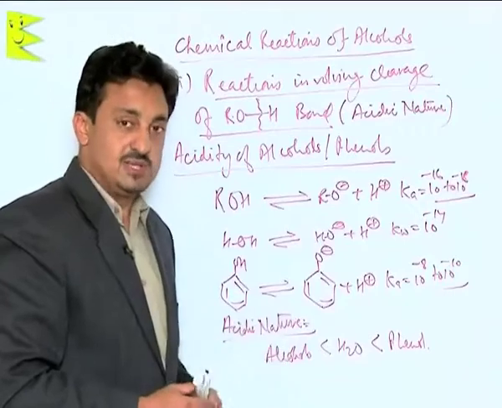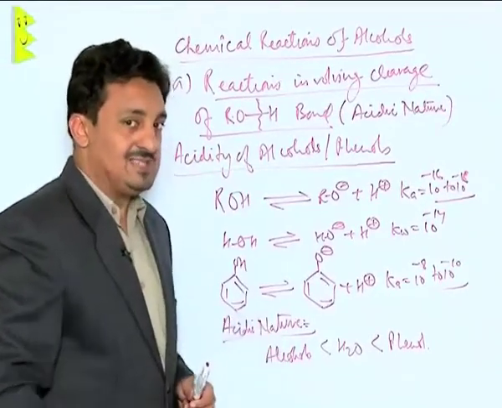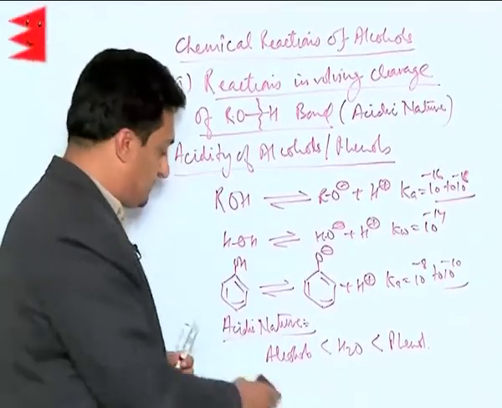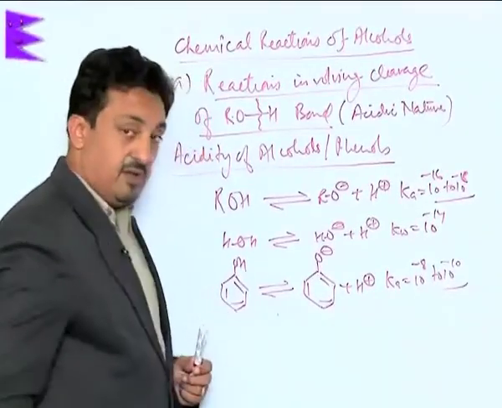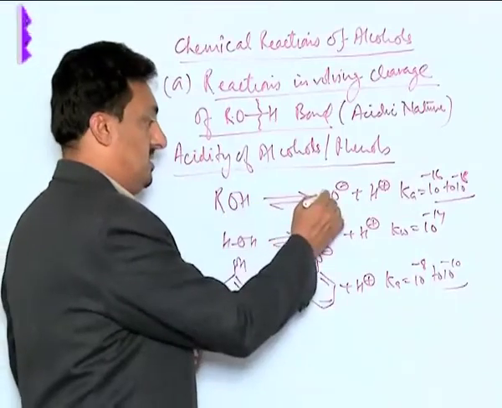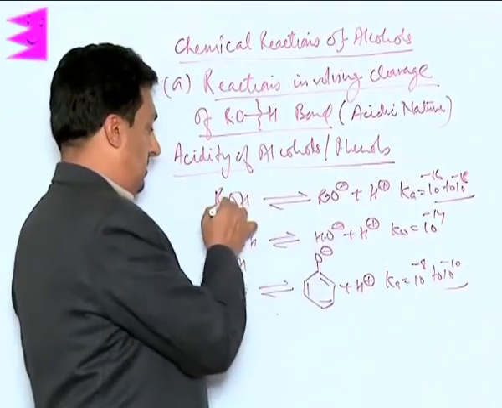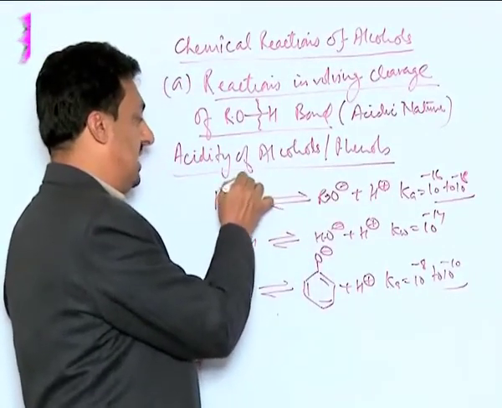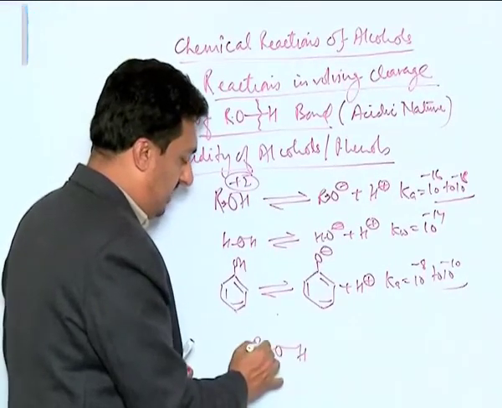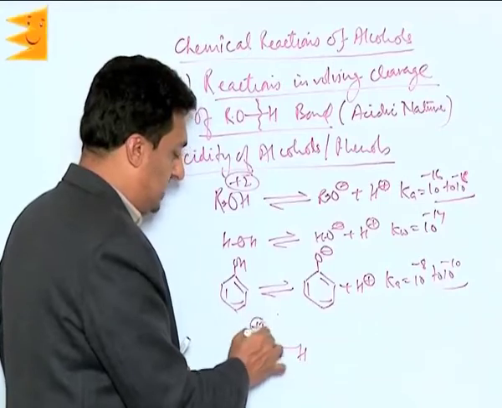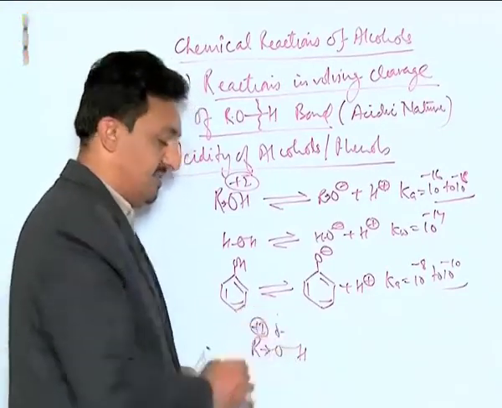Now the question comes: why are alcohols less acidic than water? It is because of the plus I effect of the R group. See, in alcohols this R, due to its plus I effect, increases electron density on this oxygen.